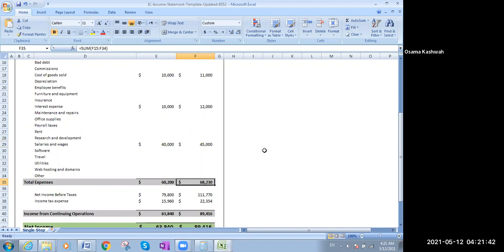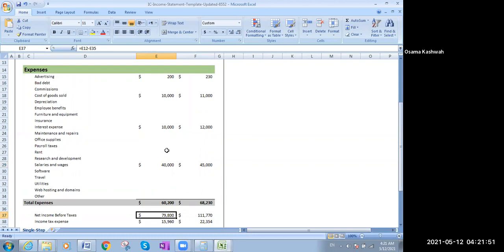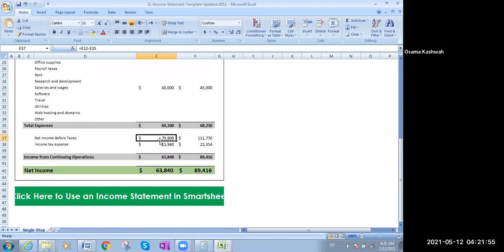So this was about the total expenses. Then the net before income is what? The gap between them. When I subtract 140 minus the 60,200, that will give me 79,800.